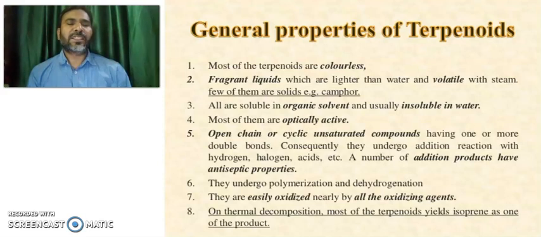My friend, they undergo polymerization and dehydrogenation. The next important property is they are easily oxidized by nearly all oxidizing agents. On thermal decomposition, most terpenoids yield isoprene as one of the products.